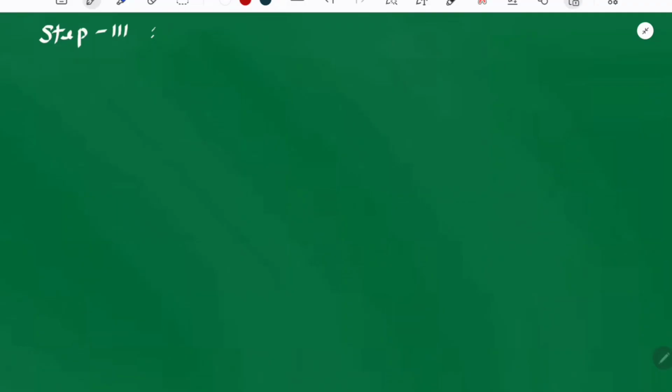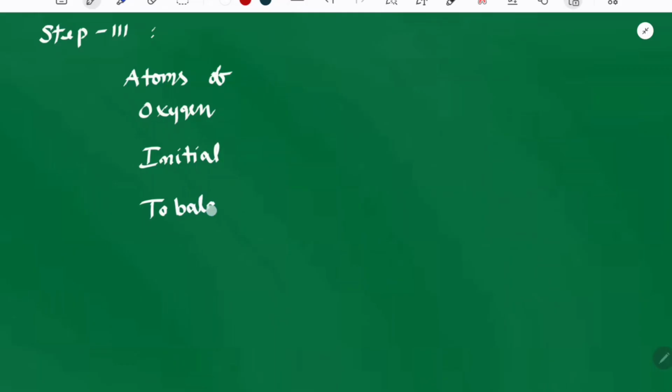So now we can write. First we select Fe3O4. I am writing atoms of oxygen. Atoms of oxygen: initial means starting, and then we balance.